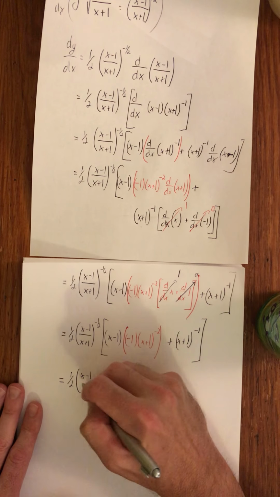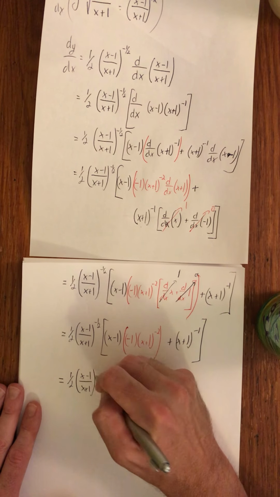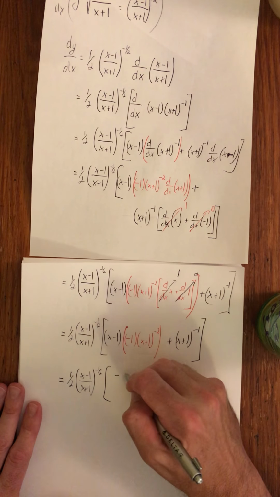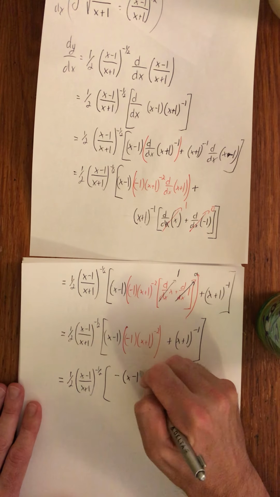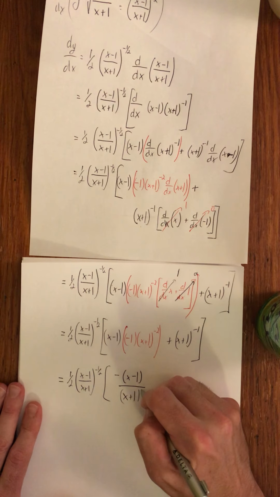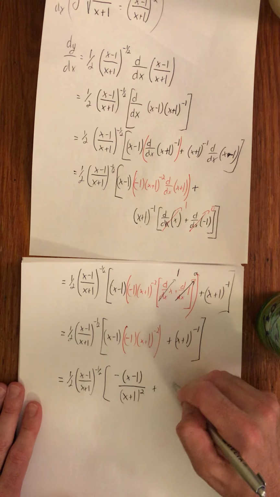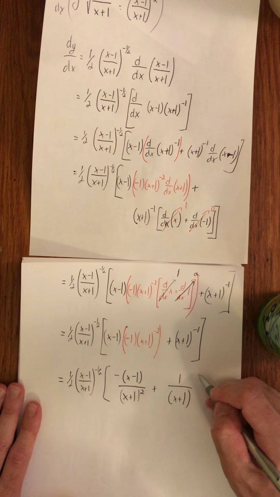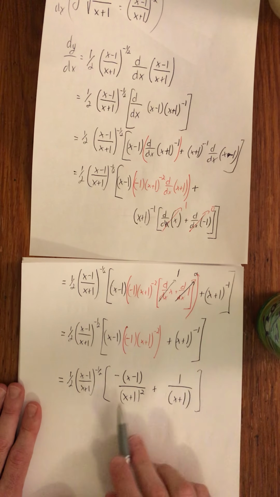I want to show my two solutions are identical to one another. So what do I have here in the parentheses? I've got a negative (x minus 1 over x plus 1) quantity squared plus 1 over x plus 1. There we go. And now what I'm going to want to do here is combine these.